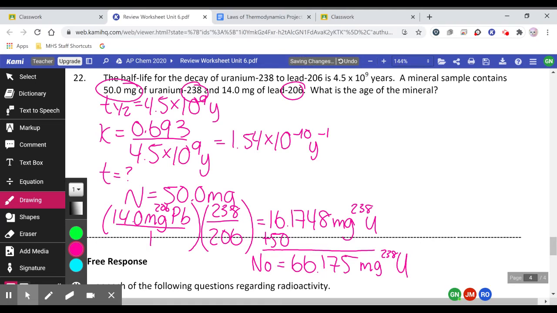Okay, so now since we're given information about mass, we're going to use our ln(N over N sub 0) equals negative kt as our equation.